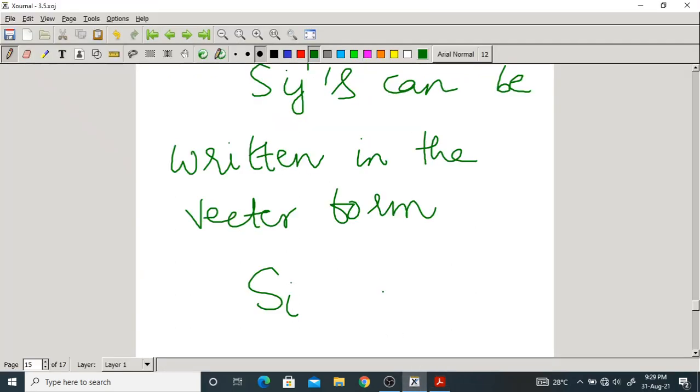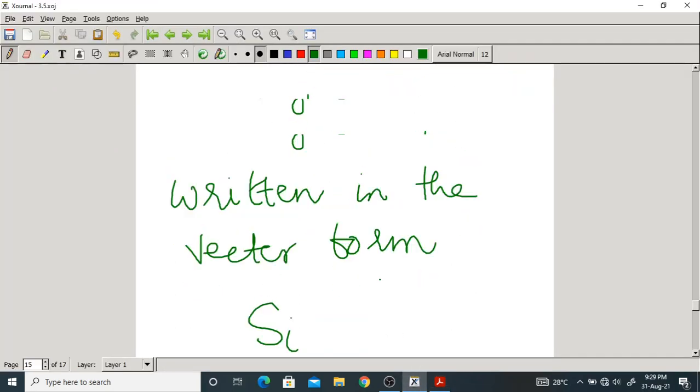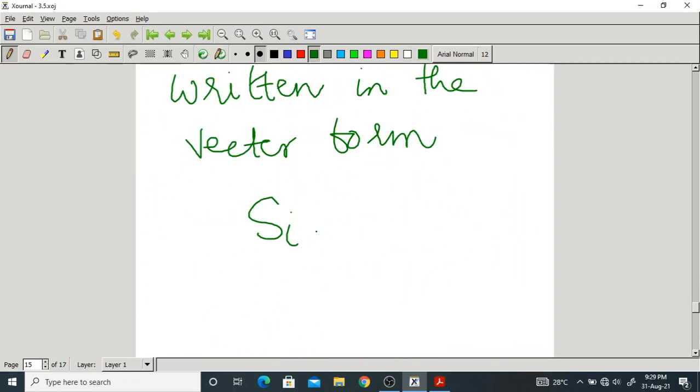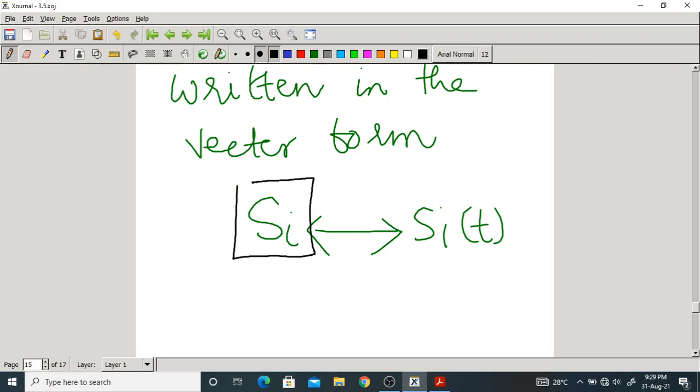Now remember, this Si has a one-to-one relation with Si of t. What do you mean by this relation? If you know Si's, it exactly means that you know Si of t, and vice versa. So if you know Si of t, you have complete information about Si, or vice versa. What is Si? It is a vector which contains the coefficients. What are the coefficients? Sijs.